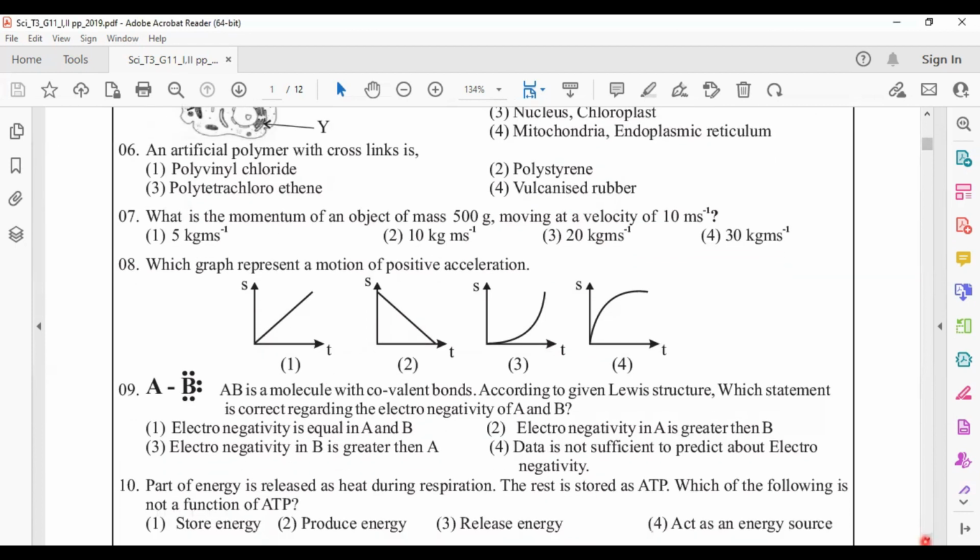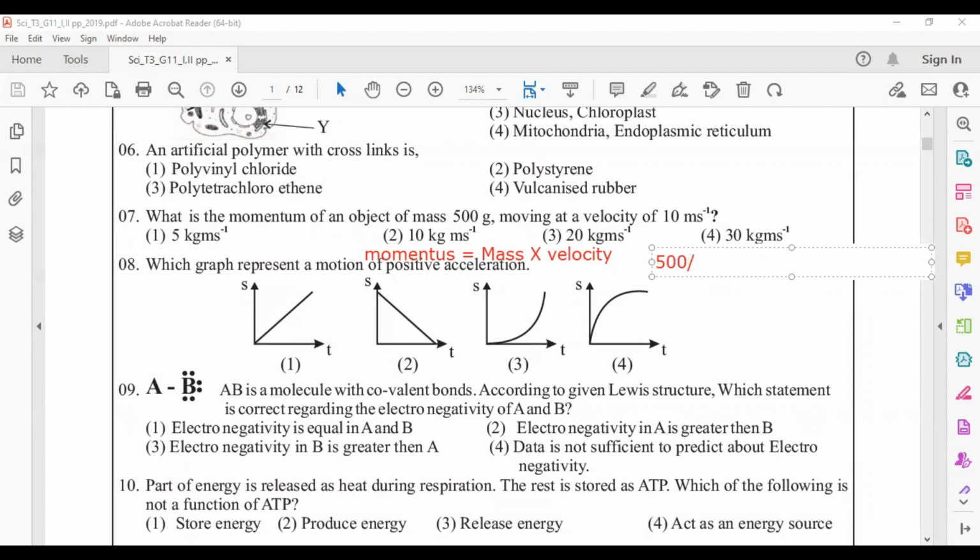What is the momentum of an object of mass 500 gram moving at a velocity of 10 ms minus 1? Momentum is easily found by multiplying the mass with the velocity. Here, 500 grams, we always have to substitute the mass in kilograms.